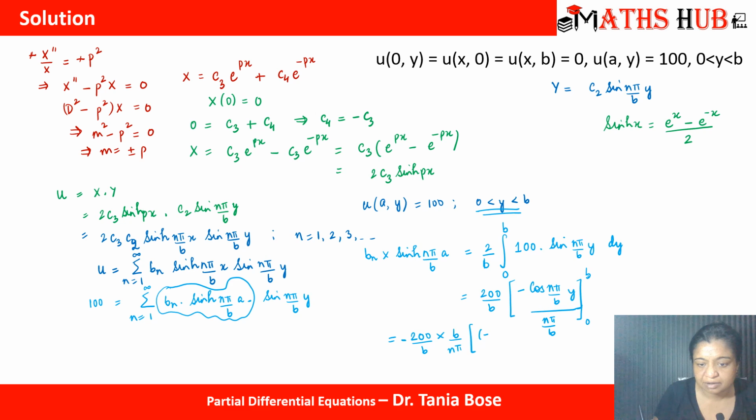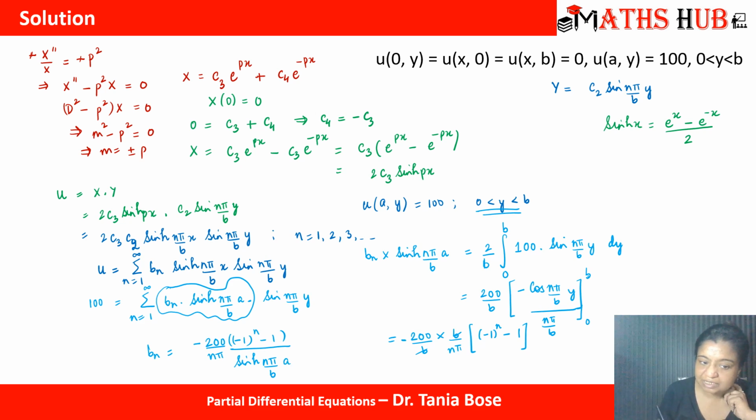Cos n pi is minus 1 raised to power n, minus, when I put 0, I'll get cos 0 as 1. So b cancels from here. So what is the value of bn? So bn comes out to be minus 200 by n pi, minus 1 raised to power n minus 1, divided by sine hyperbolic n pi by b into a, right?